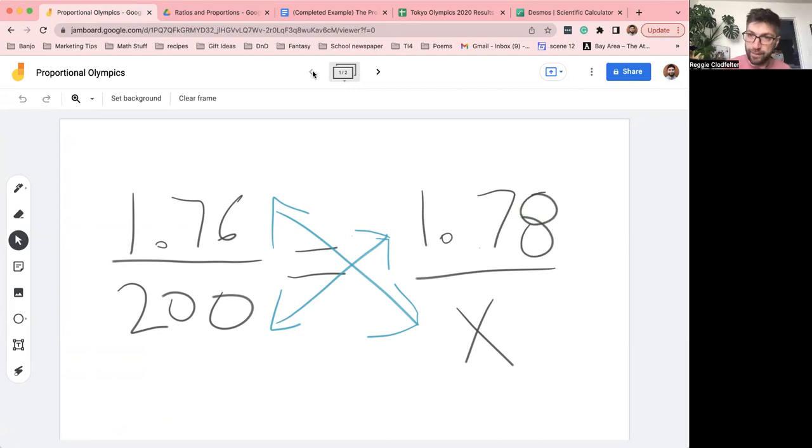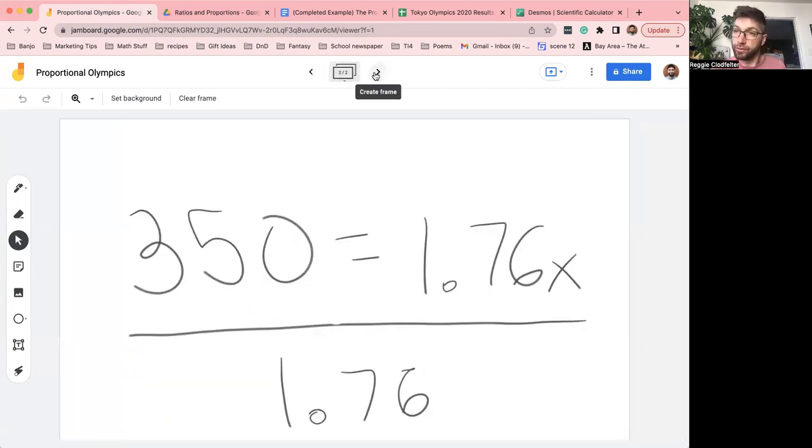So now I multiply 200 times 1.78 and 1.76 times x. Those values are going to be equal to each other because that's when I cross multiply. So 200 times 1.78 is going to be 356, and 1.76 times x is going to equal 1.76x. To find out what x equals, I divide the whole thing by 1.76.